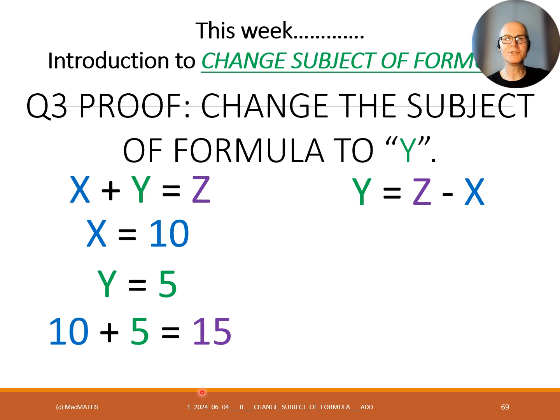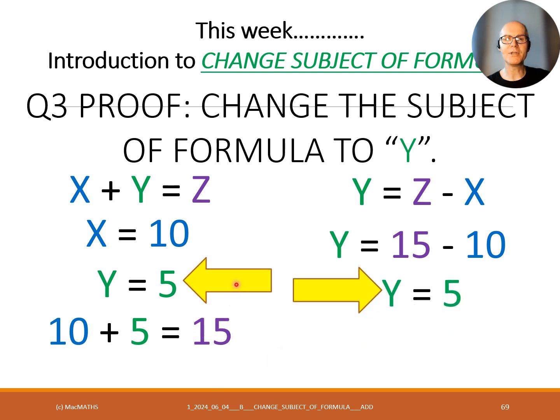Our changed subject formula was y equals z minus x. If z is 15 and x is 10, 15 minus 10 equals 5. So we have 5 on one side of the formula and 5 on the other side. It's balanced. That is correct.